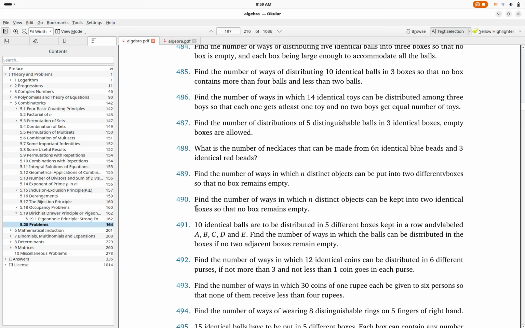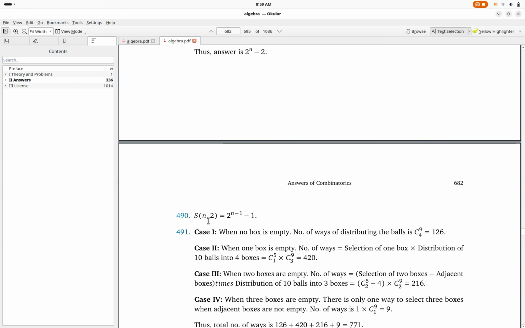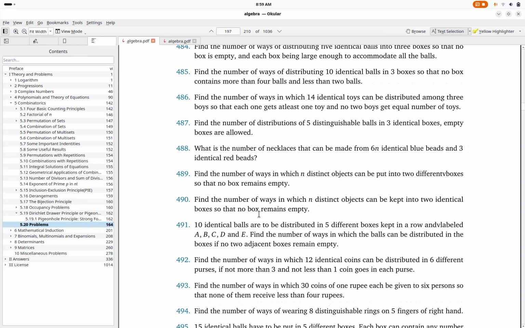Question 4 says: find the number of ways in which n distinct objects can be kept into two identical boxes so that no box remains empty. So the question is n different objects into two identical boxes. Okay.